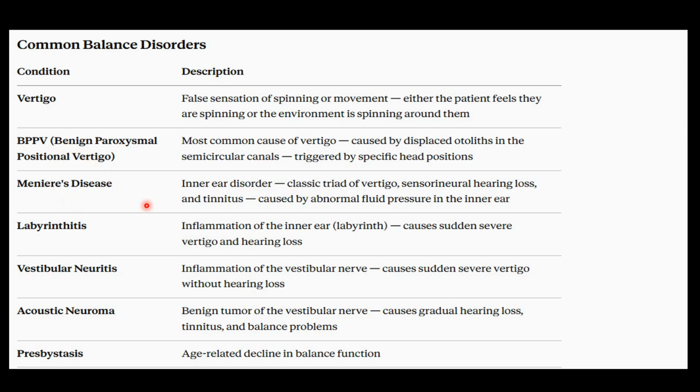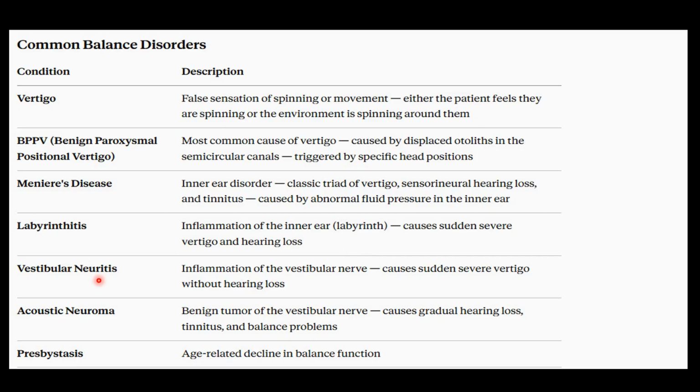Then we have Meniere disease, which is an inner ear disorder, with the classic triad of vertigo, sensorineural hearing loss, and tinnitus. This is caused by abnormal fluid pressure in the inner ear. After that, we have labyrinthitis, which is an inflammation of the inner ear, causing sudden severe vertigo and hearing loss.